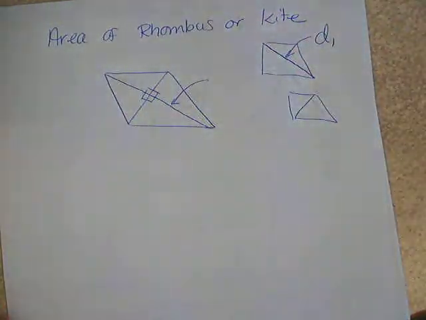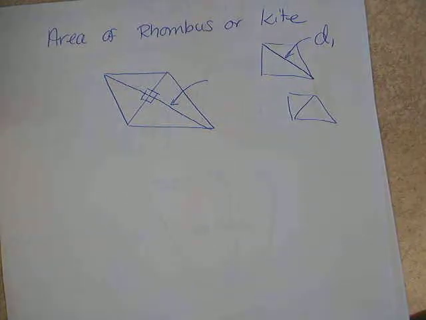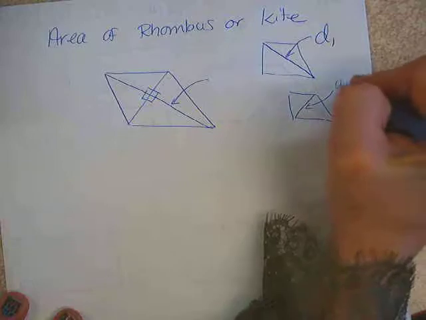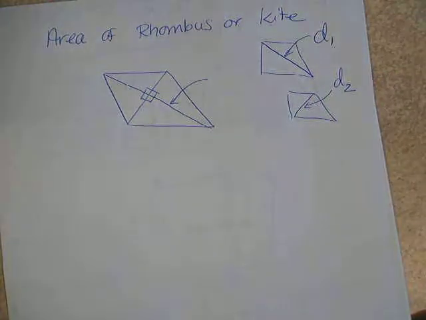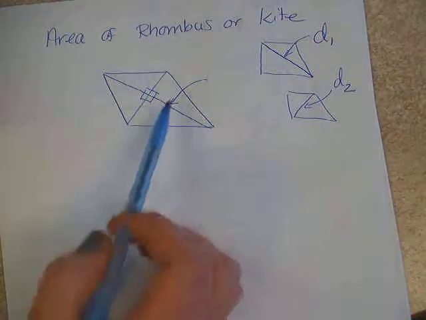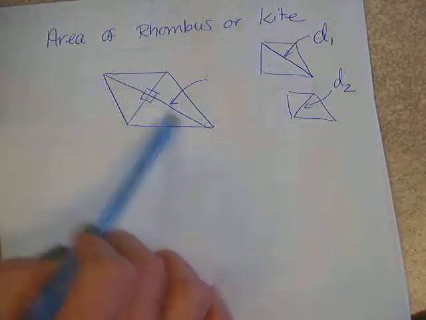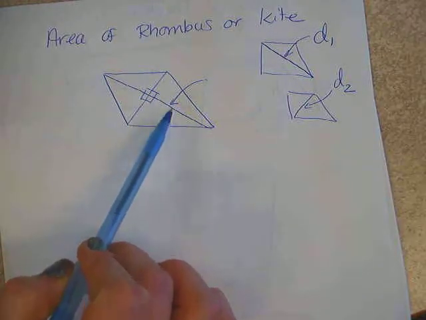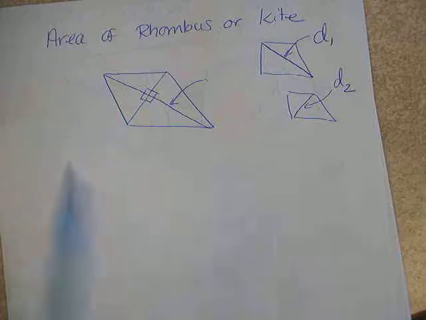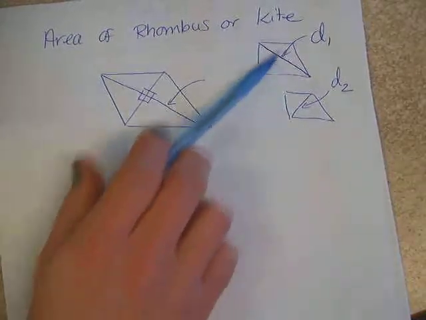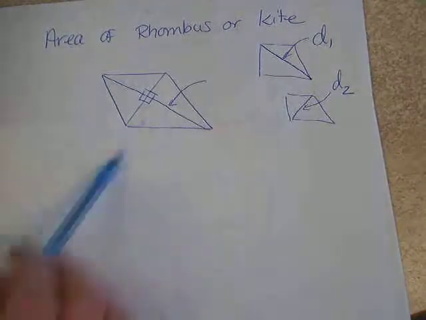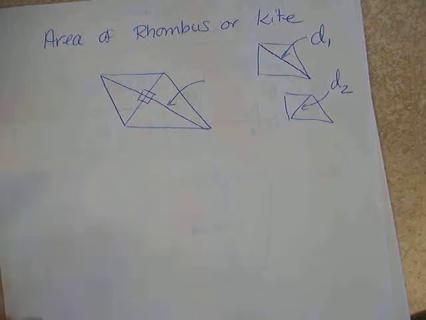This entire, it's hard to show because they cross. Here, we'll do it this way. Okay, that entire length is one of your diagonals. Okay, a diagonal goes from vertex to vertex. And then the other one is your other diagonal.